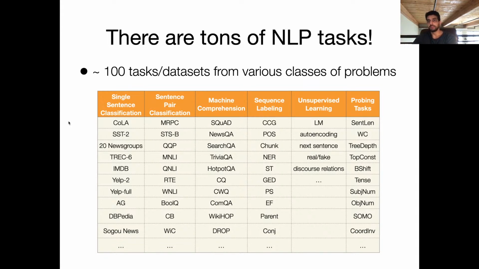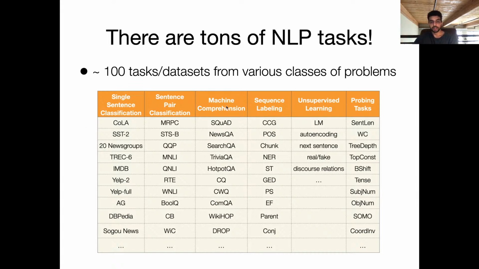I'm sure many of you, while browsing through the ACL EMNLP proceedings, noticed how many new data sets are proposed at every conference, right, to test some new linguistic property or type of reasoning that hasn't been tested before, right? And so this mass of tasks just taken together is a huge set of resources that we can use to further optimize our performance on the task that we care about.